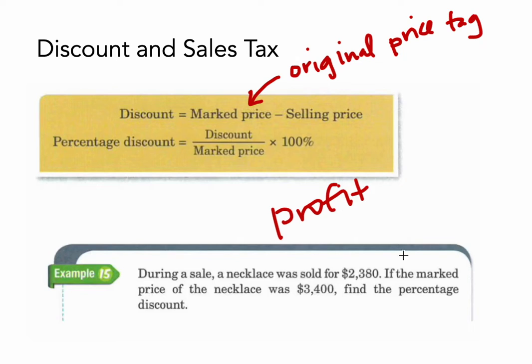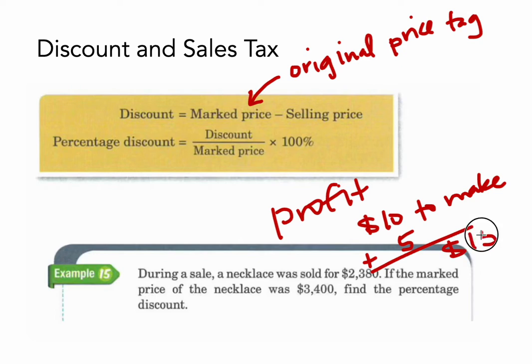Okay, so let's say a toy costs $10 to make, they might add on $5 and sell it for $15. That's the marked price, because they want to make a profit of $5. So that's where the word marked price comes from. That's the price they're actually marking on the actual item.